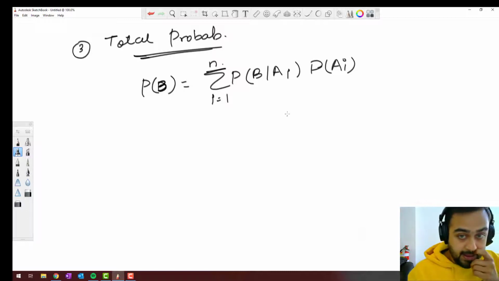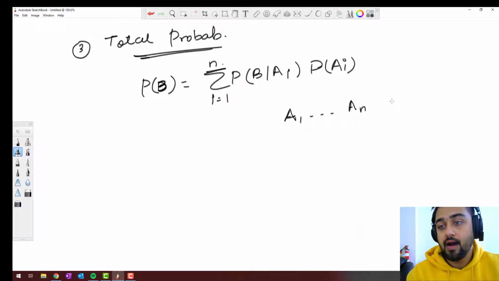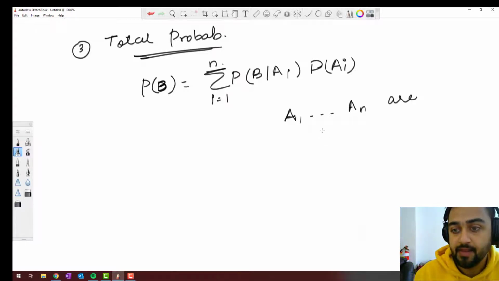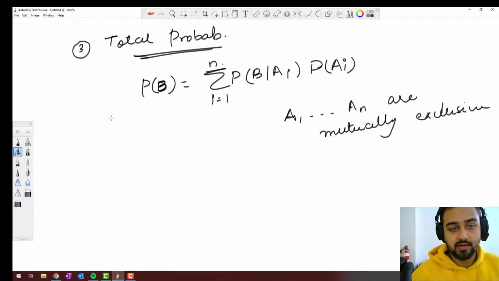And A_1 to A_n are events which are mutually exclusive. Only when they are mutually exclusive, this holds true.